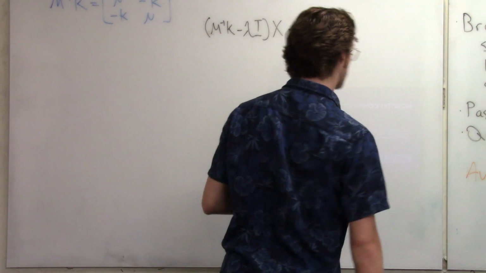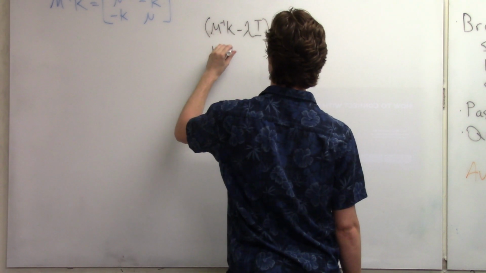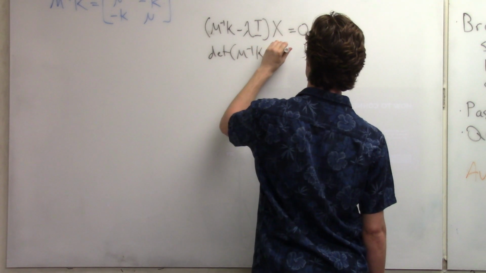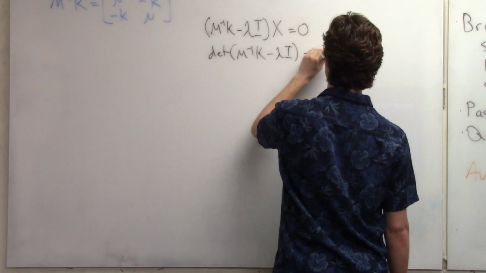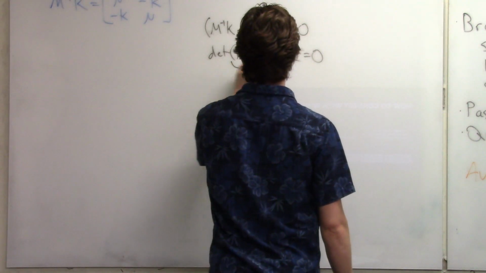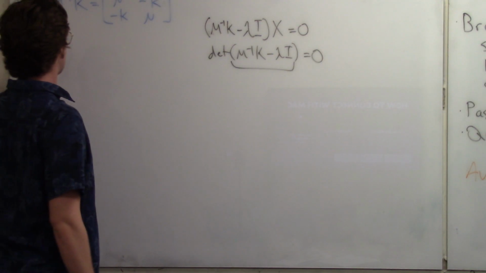And further, we're just looking for the lambdas, so we're going to say the determinant of M inverse K minus lambda I is equal to 0. So we're going to set up the matrix M inverse K minus lambda I. And that's going to look like this.